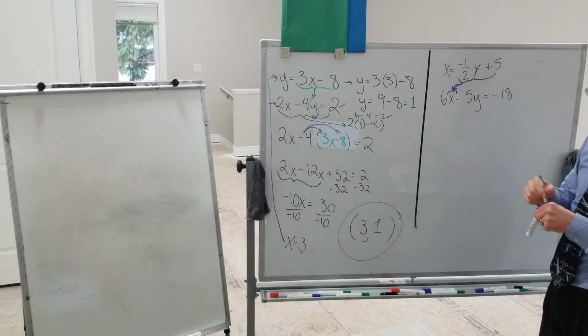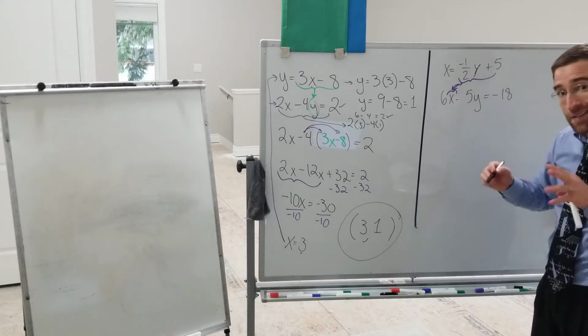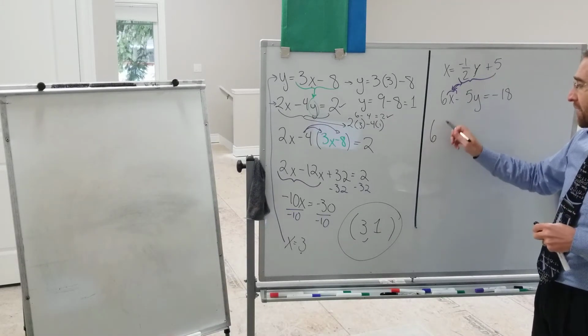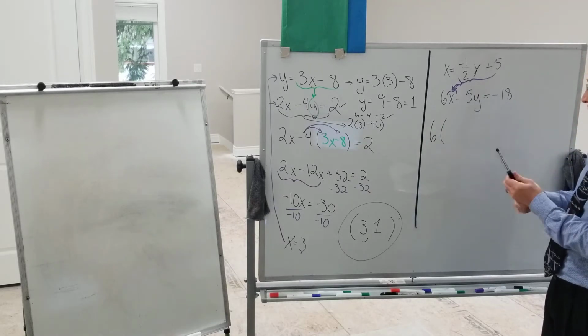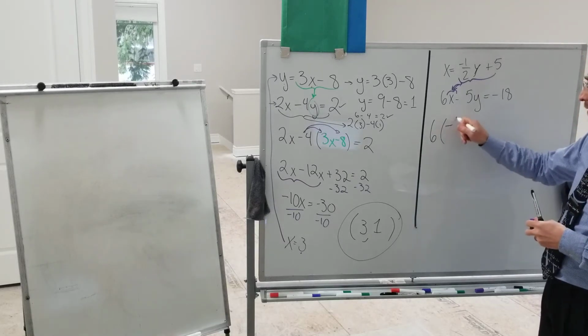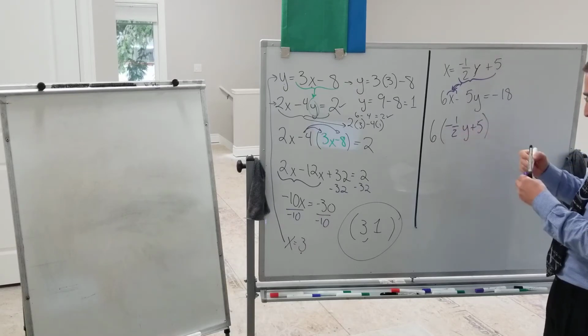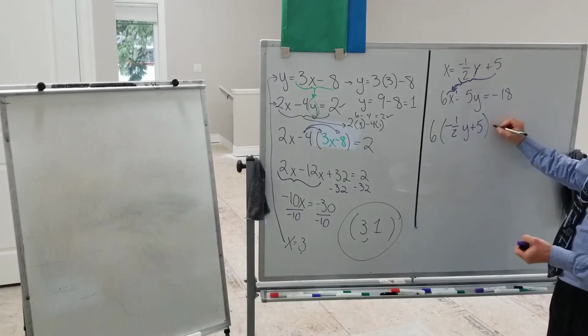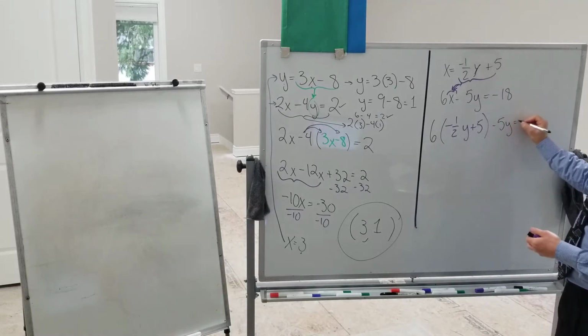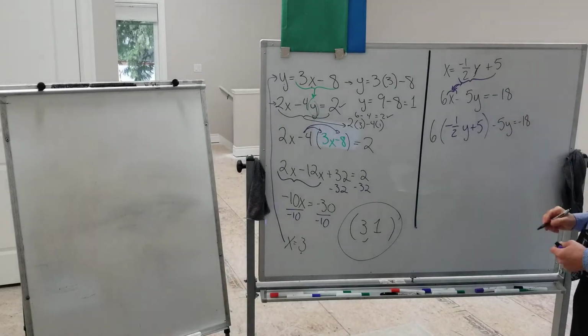So I get my new equation that's only going to have y's, no x's. So I get 6 times negative 1/2 y plus 5, minus 5y equals negative 18.